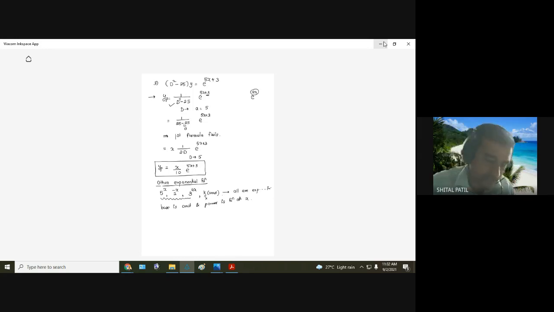Okay, let me consider like this. y equal to a raised to x. Now let me take log on both sides. Log of y equal to x log a, isn't it? So say I want to find y from here. So what is y? e raised to log a into x.